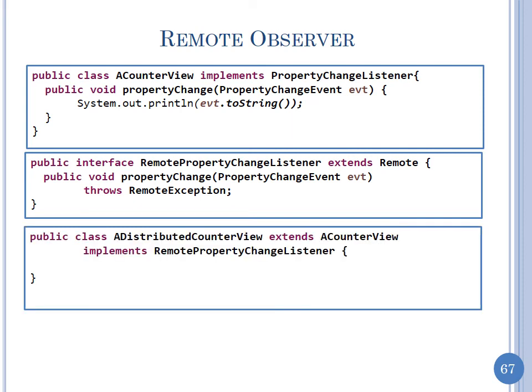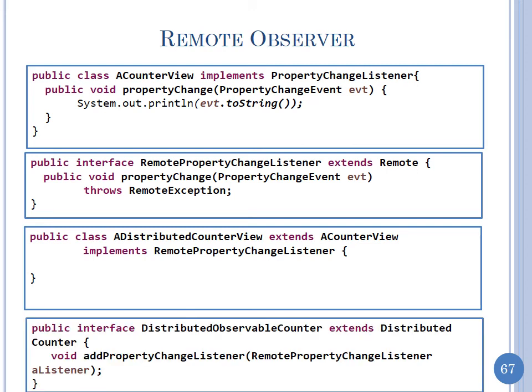And now my observer, which is a distributed counter view here, will extend a counter view. Okay, so it will do whatever it did, and it will also say that it implements remote property change listener. So now it is an object on which you can invoke remote methods. Okay, so I've got that part going.